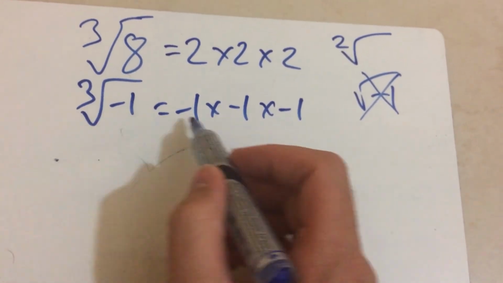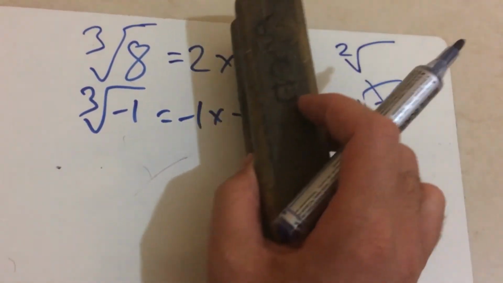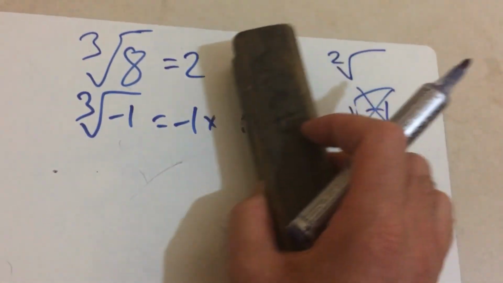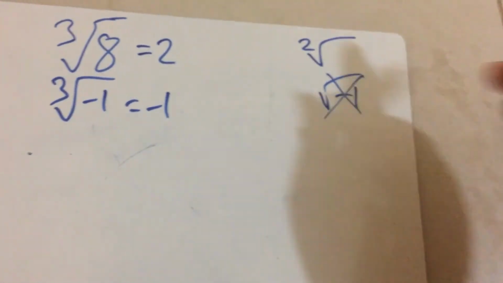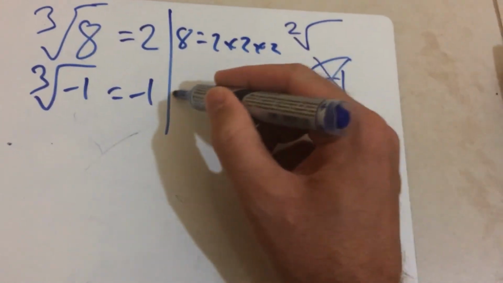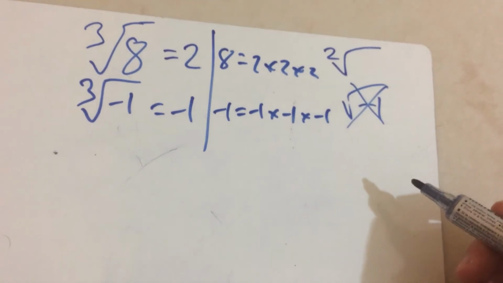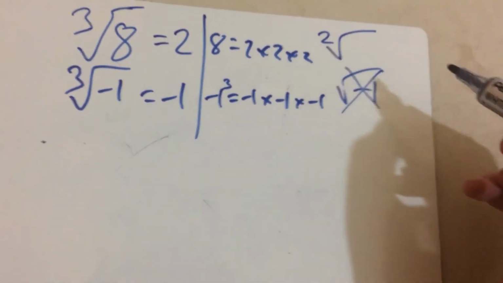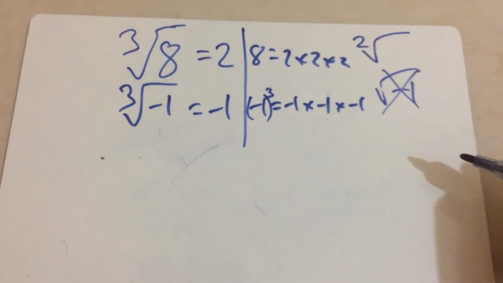So the cube root of minus 1 is minus 1. Just to be sure, 8 is 2 times 2 times 2, and minus 1 is minus 1 times minus 1 times minus 1. Just watching my brackets there.